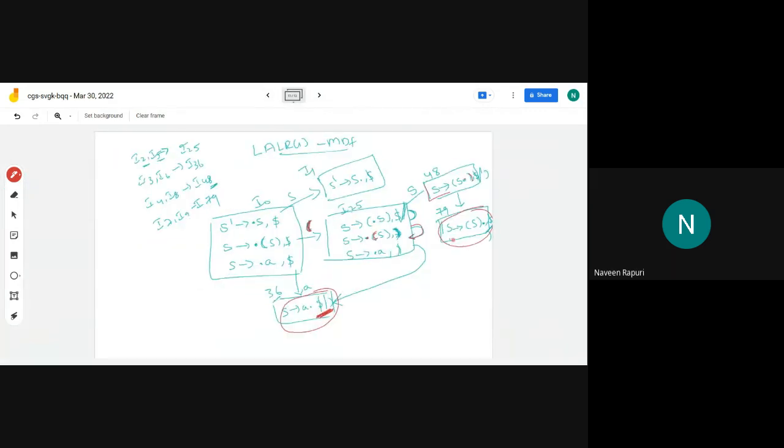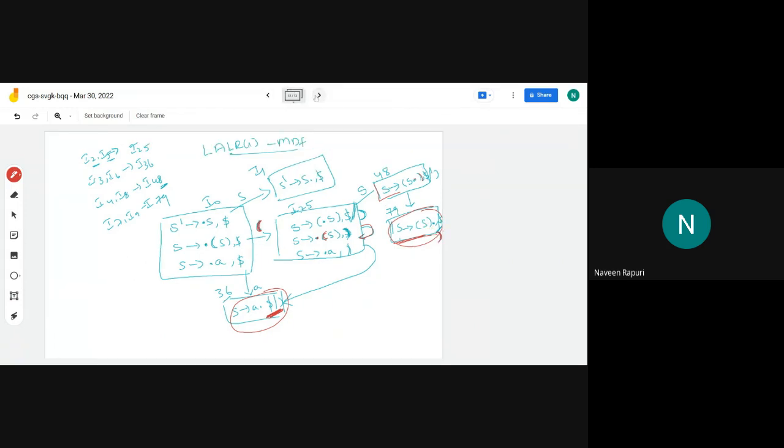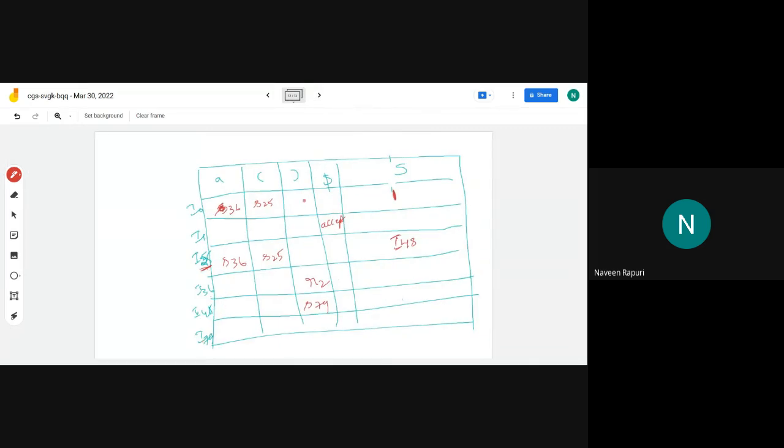And coming to here, this is R1: 79 on dollar and closed parenthesis, R1, sir.